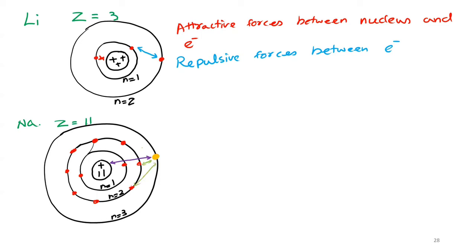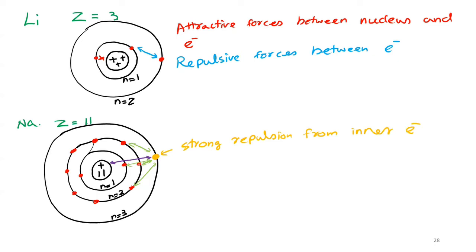All these electrons are repelling the outermost electron. So this yellow marked electron here experiences a strong repulsion from inner electrons.